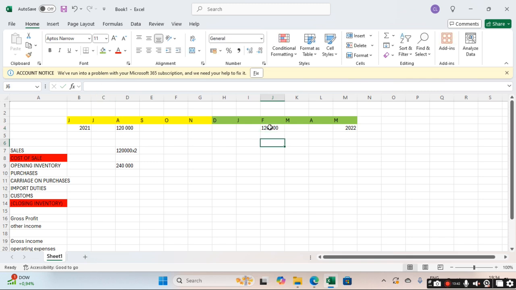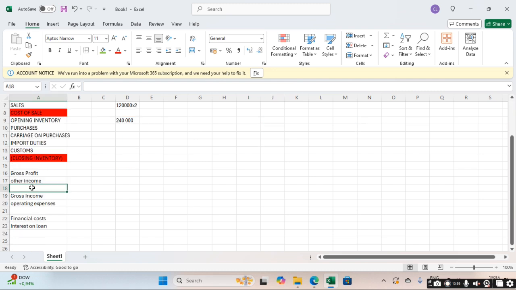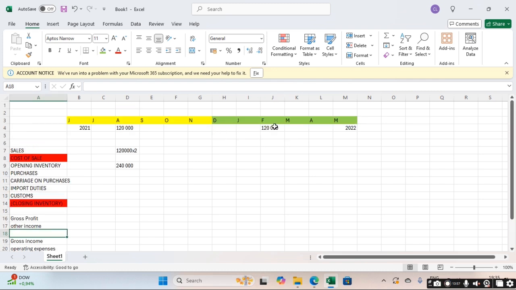We say 120 plus 120, you get 240 for the whole year. So in your structure, under other income, you're going to have rent, and then you say open bracket, 120 plus 120, close bracket, and you get your answer. Straightforward. I hope you all understand that.